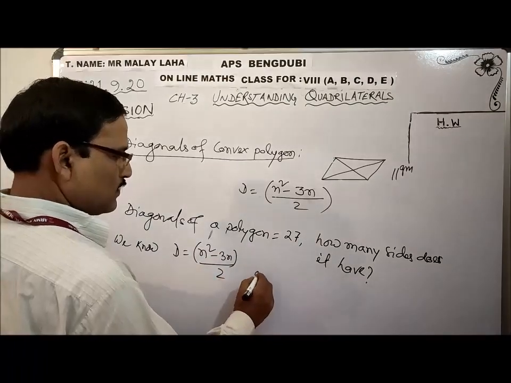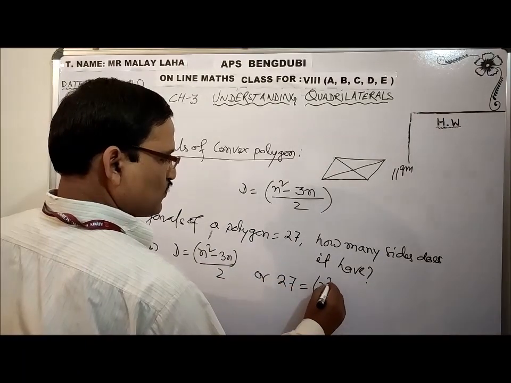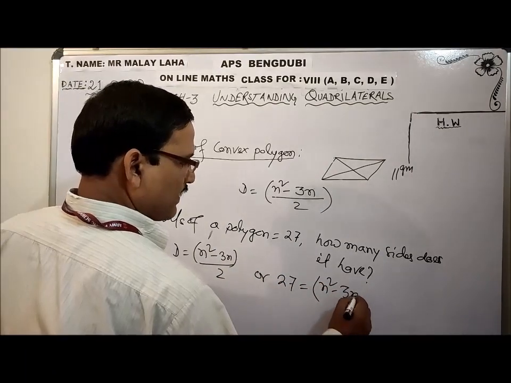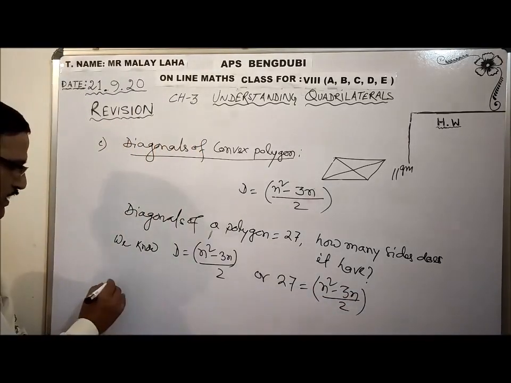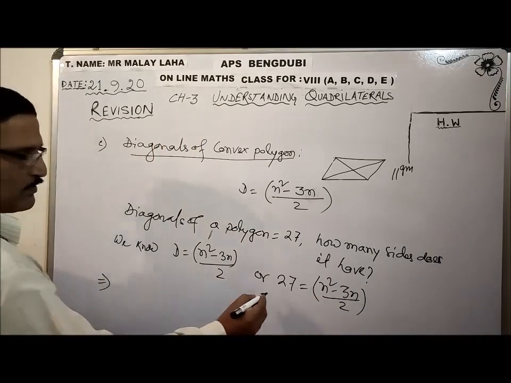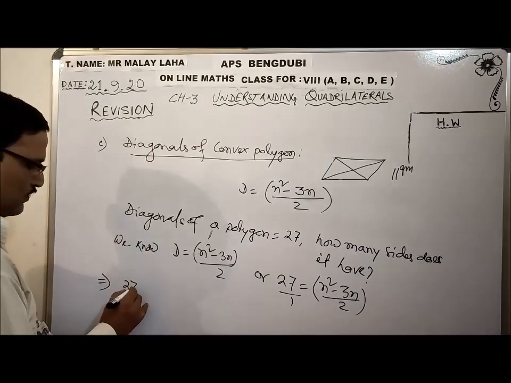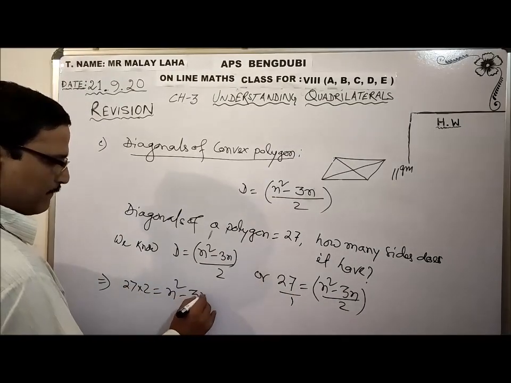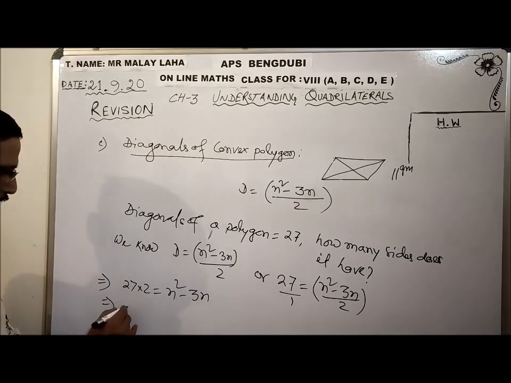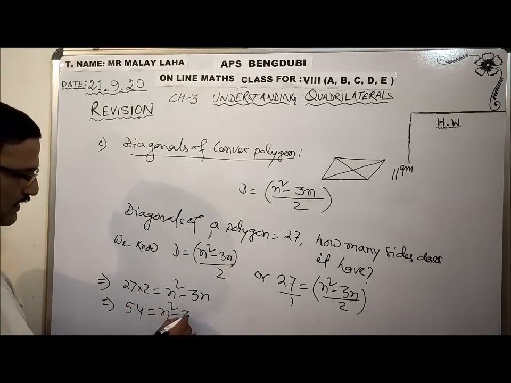Here D is 27, so 27 equals n square minus 3n by 2. Now follow cross multiplication. 2 into 27 equals n square minus 3n. Or 54 equals n square minus 3n.